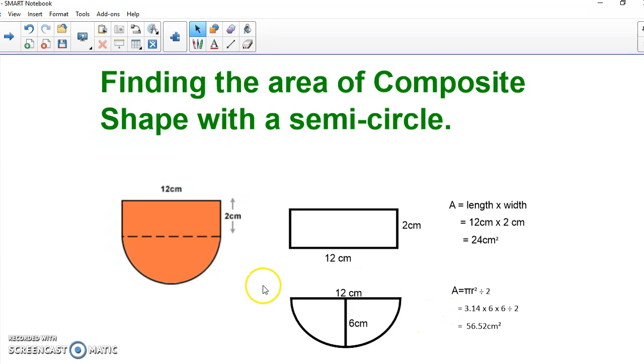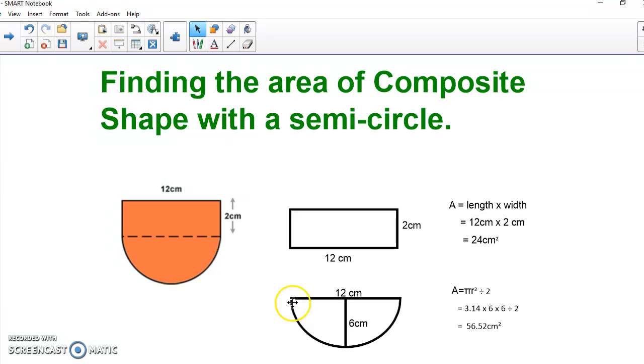So here we go. Now, if you notice also that this line here is the same line that is the length of the rectangle. So it is also the diameter of the circle if you had a full circle. So that line is 12, since both sides are equal for the rectangle. So they share the same.